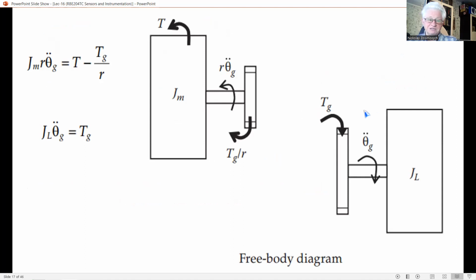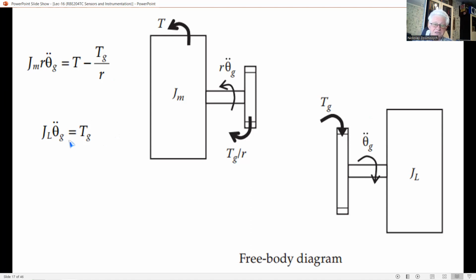For the unit with the gear transmission, see the free body diagram shown in this figure. In the case of a loss-free, meaning 100% efficient, gear transmission, Newton's second law gives us this equation on the left. Here T sub g is the gear torque on the load.